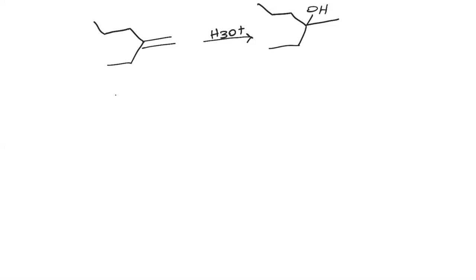So when this carbocation forms, H2O can attack from either side, from the front or from the back. And we get a mixture of both enantiomers, okay? So we get a racemic mixture.